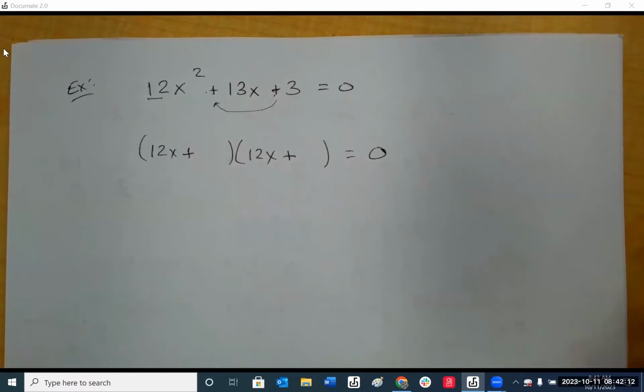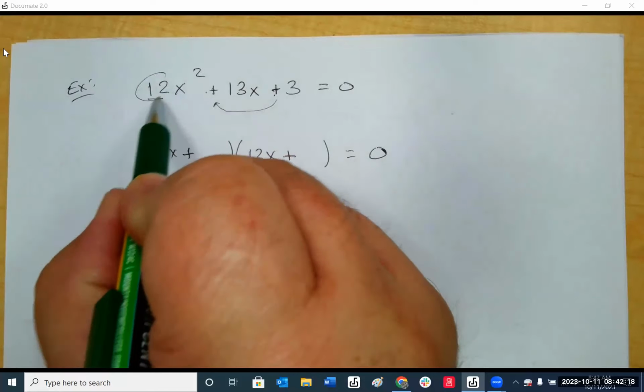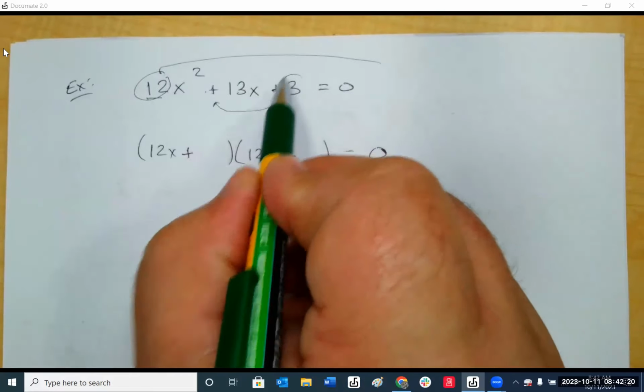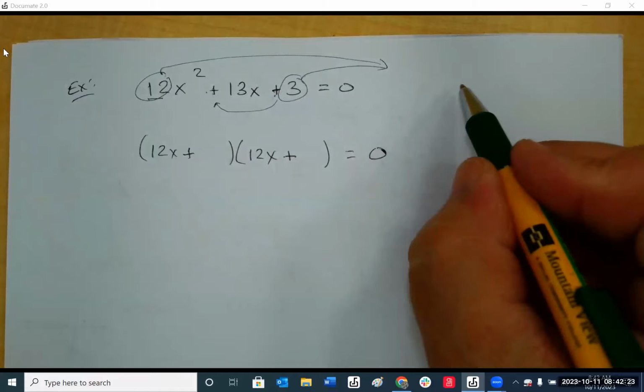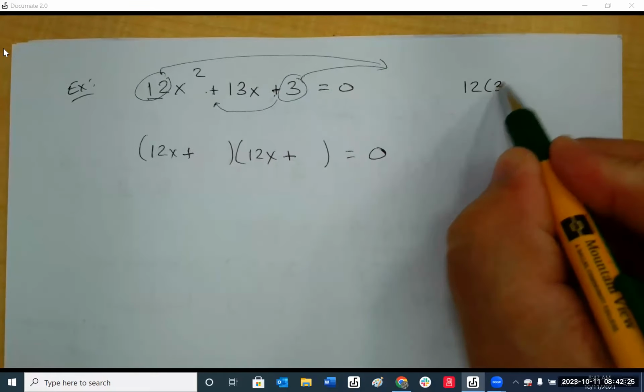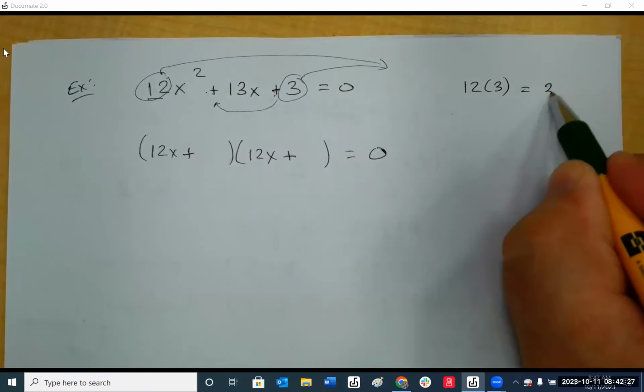Third step. Take the first number and multiply it by the last number. 12 times 3 is 36.